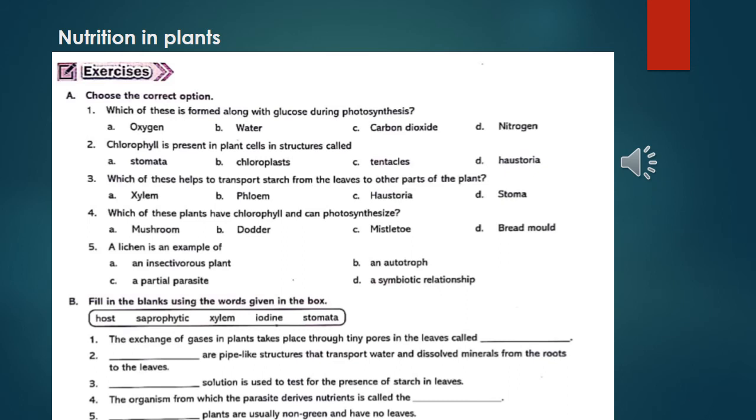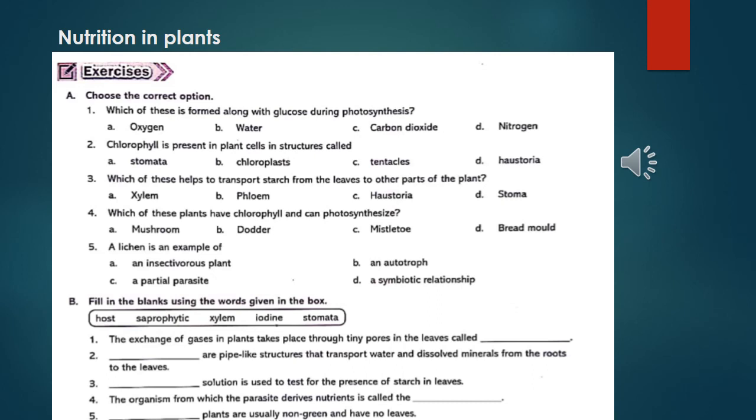Now fill in the blanks. The exchange of gases in plants takes place through tiny pores in the leaves called stomata. These are pipe-like structures that transport water and dissolved minerals from the root to the leaves. Answer is xylem, because xylem can transport water and minerals.